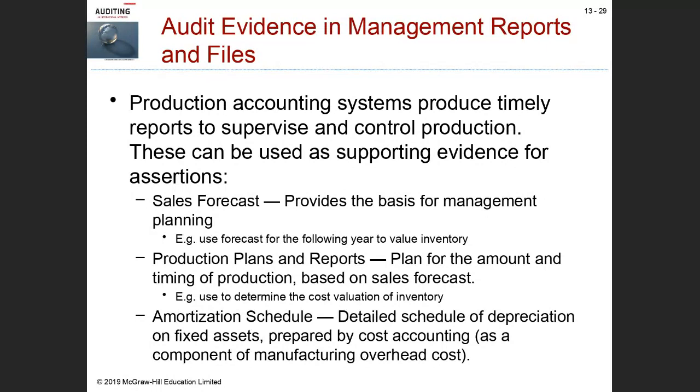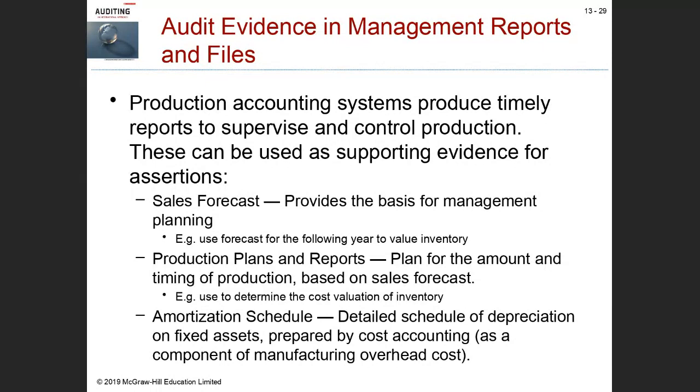So as we see here in the PowerPoint, it says production accounting systems produce timely reports to supervise and control production. Those production reports are going to tell us how many items are being produced and what's the cost to produce those items. So the more reporting we can have done by our accounting system, the more information we're going to have in order to control our costs. And if we can control our costs, that means we should have more accurate information with respect to determining what the cost of our inventory is.